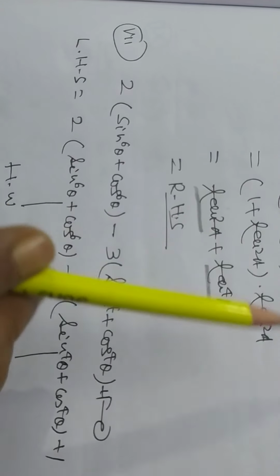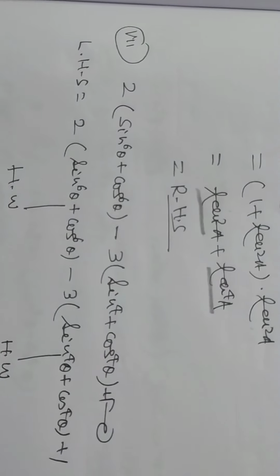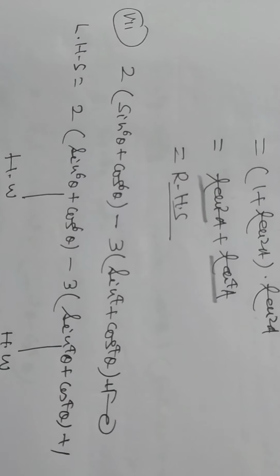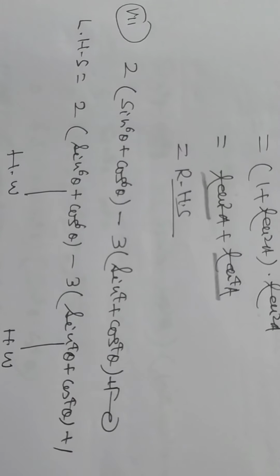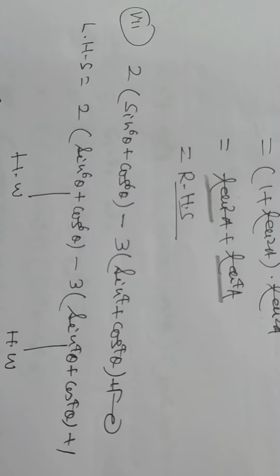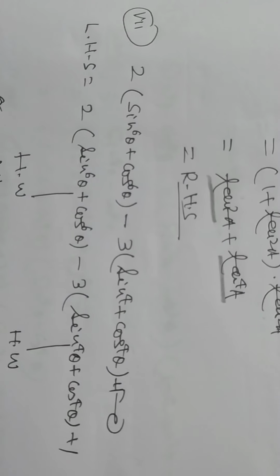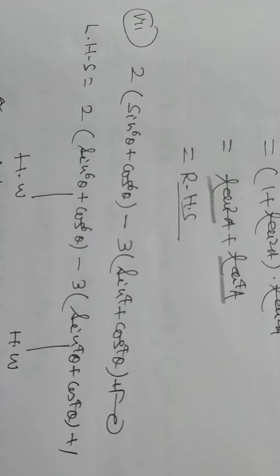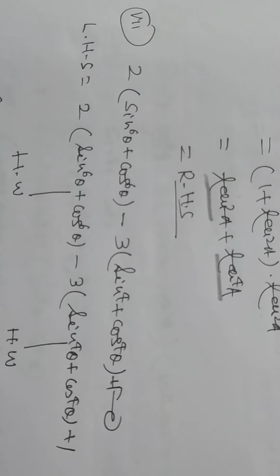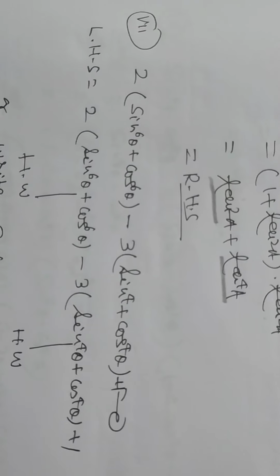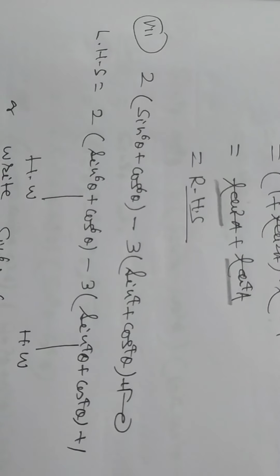Now, problem number 7, listen carefully: 2 into (sine to the power 6 theta plus cos to the power 6 theta) minus 3 into (sine to the power 4 theta plus cos to the power 4 theta) plus 1. My dear student, this problem can be solved in two ways.